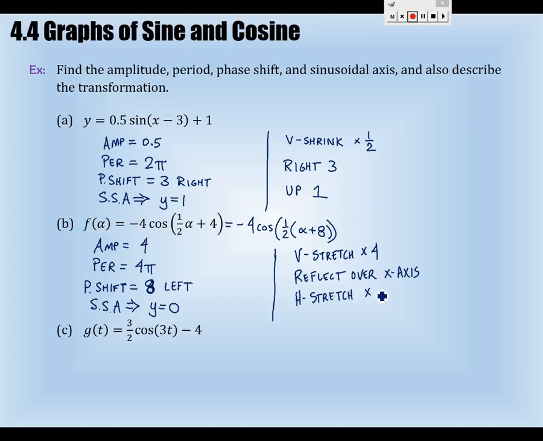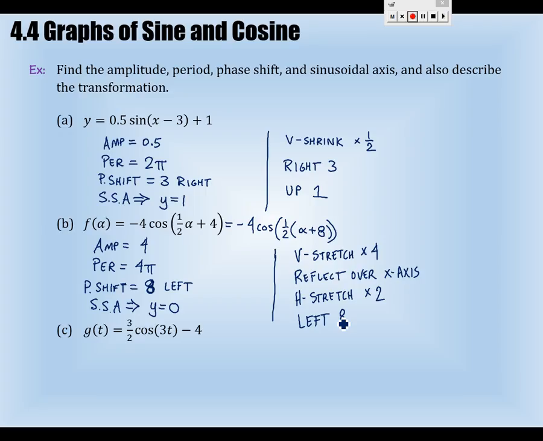Yeah, let's say a horizontal stretch by a factor of 2. Sure. And then what'd you say? Shift left 8, yeah. Good.